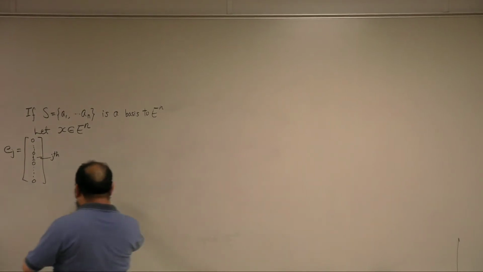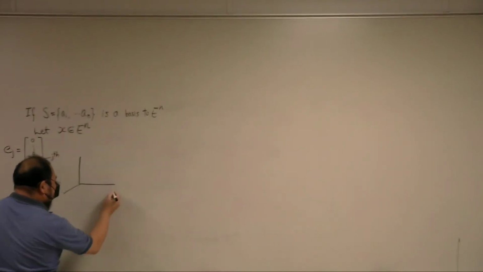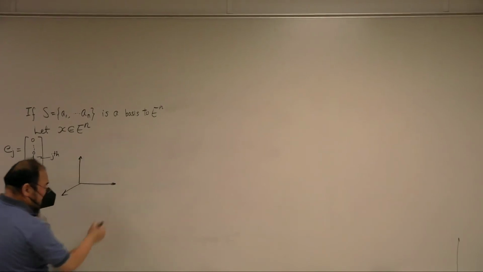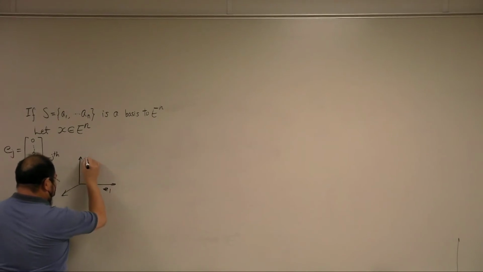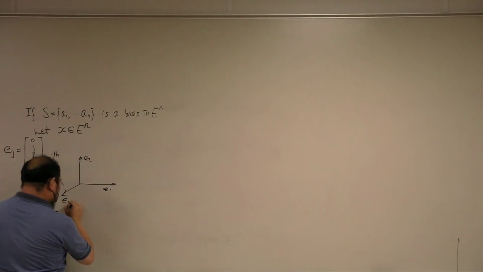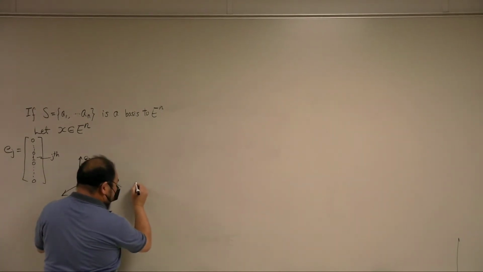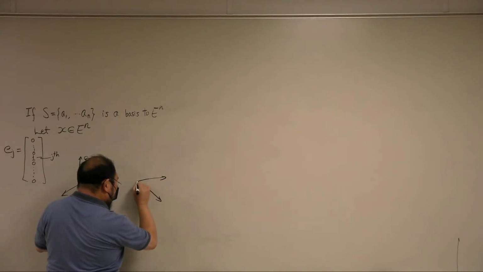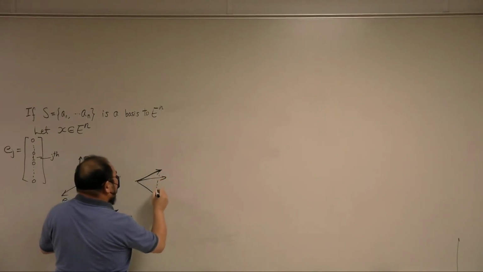So if this is x, y, z, or x1, x2, x3, so here is E1, E2, and E3, correct? That makes sense? But I can also have, you see what I'm saying?